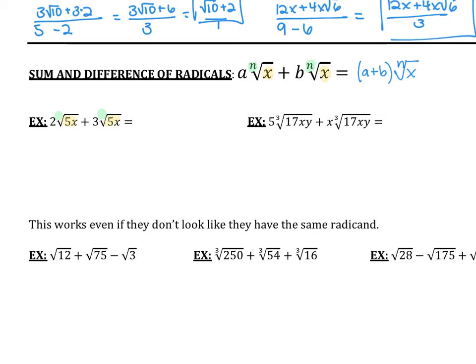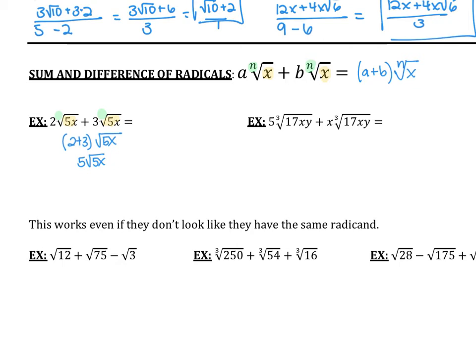And since both of those hold, I am now going to add the two numbers in front and write the root 5x after it. Now we probably wouldn't leave it 2 plus 3 because we know what that is. So adding these together, we get 5 times root 5x.